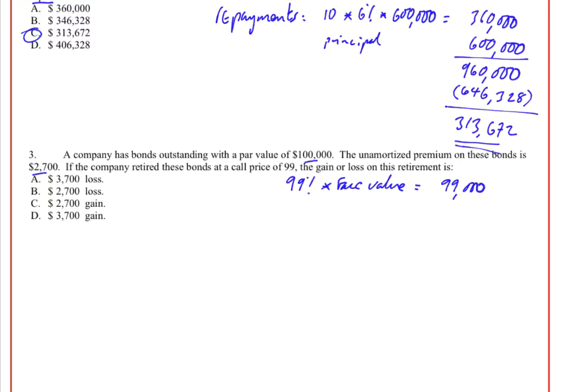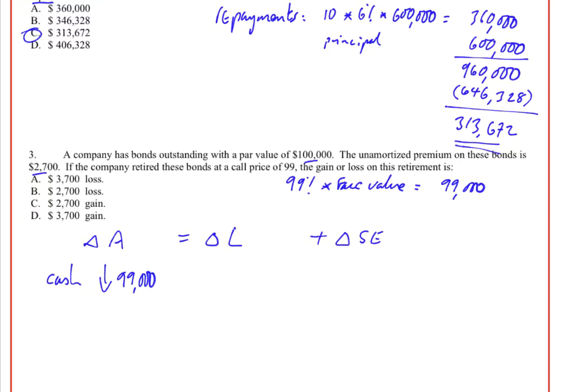Easiest way to think about this is to think of the fundamental balance sheet equation: assets equals liabilities plus stockholders' equity, and therefore change in assets equals change in liabilities plus change in stockholders' equity. As a result of this redemption, we know that cash goes down by 99,000. That's the amount paid to redeem the bonds.